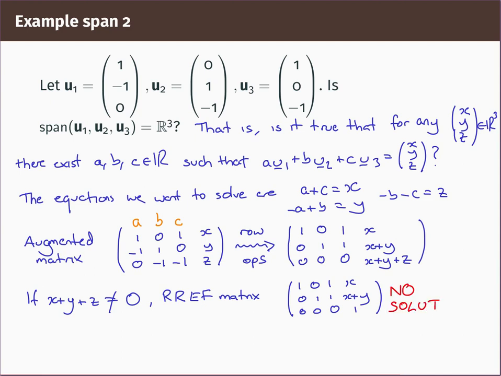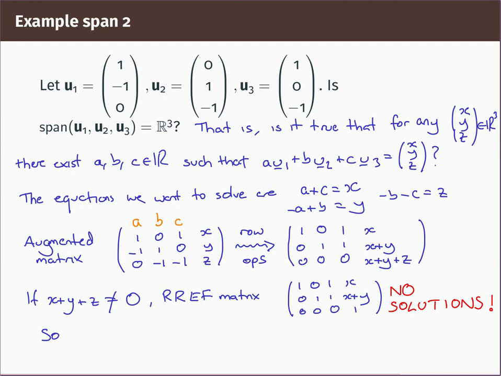There is a leading entry in the final column. So the final equation is 0 equals 1. There are no solutions to that equation. That means any vector x, y, z such that x plus y plus z is not 0 will not belong to the span.